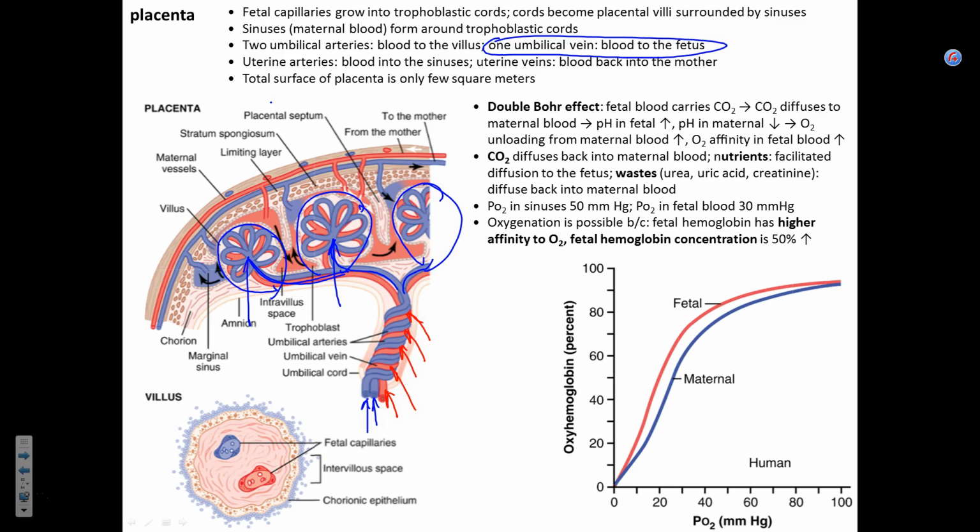And umbilical vein takes the blood back from the placenta to the fetus, back to the heart. Does that make sense? Do you understand the idea of villus, blood vessels in the villus, and which blood vessels deliver the blood from fetus to the placenta and back? We good? Now, how does this exchange work?